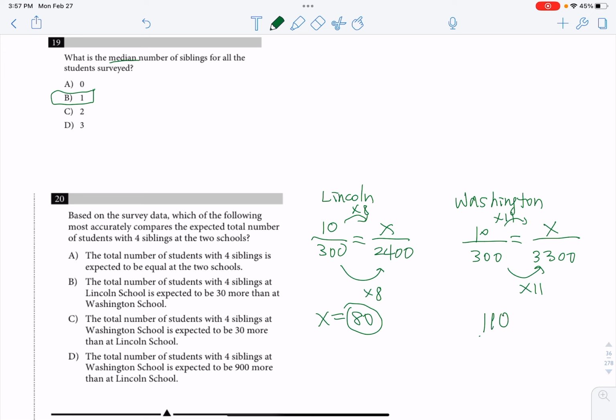That is 30 more students in Washington School who have 4 siblings. So which one explains that? The total number of students with 4 siblings at Washington School is expected to be 30 more than Lincoln High School, which is C.